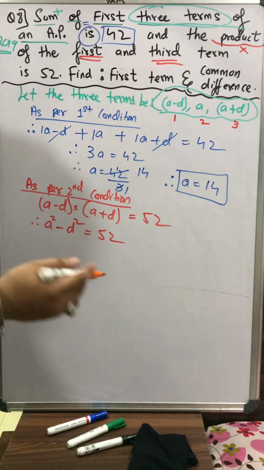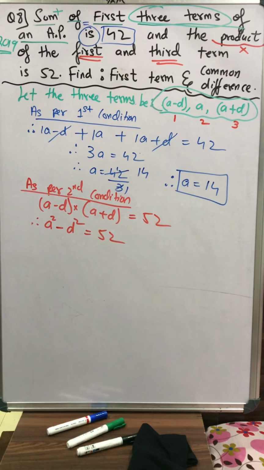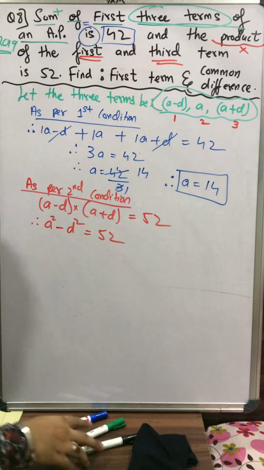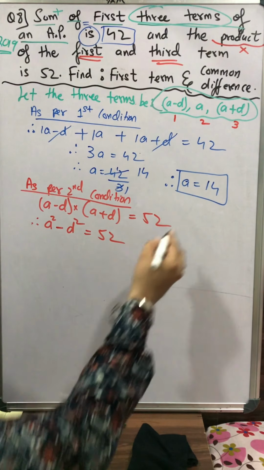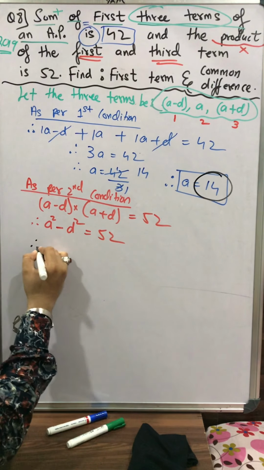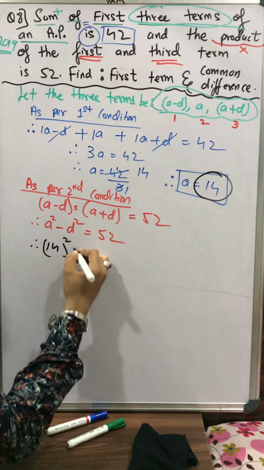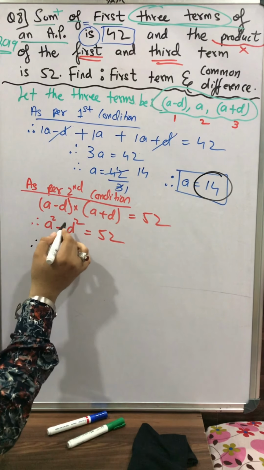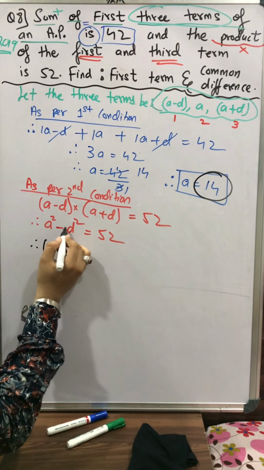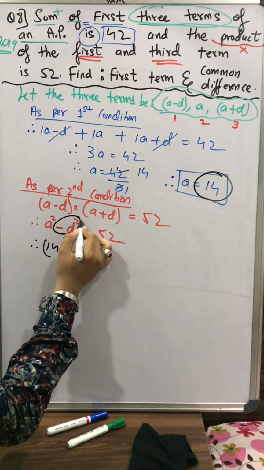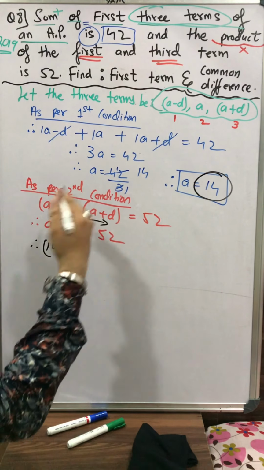But students, you all know the value of a. Let's substitute. The value of a is 14, so 14 square. We want the value of d now, but d is with a minus sign. So I'll send this minus d square to the right hand side, and it will become plus d square.